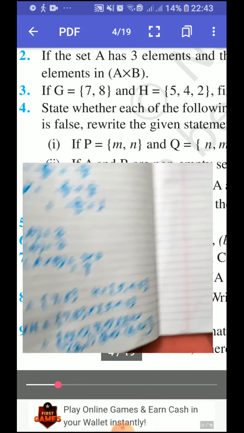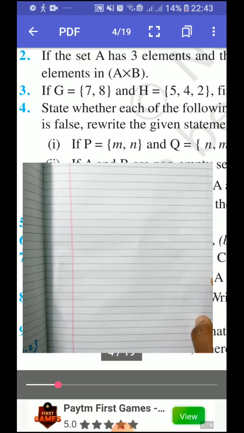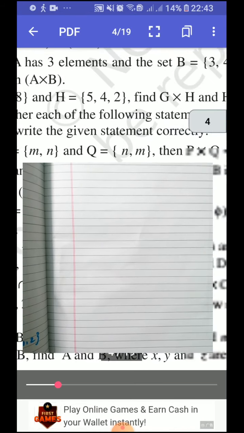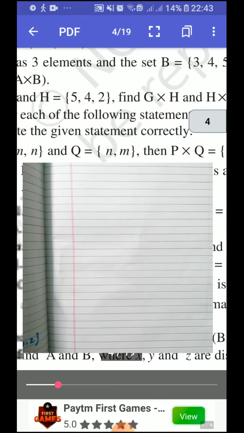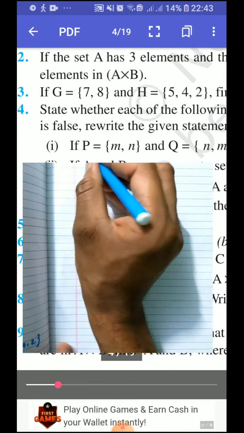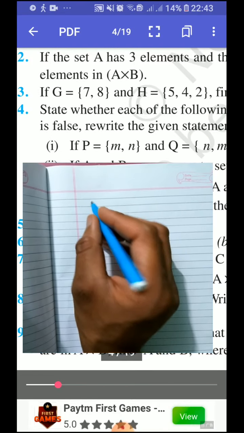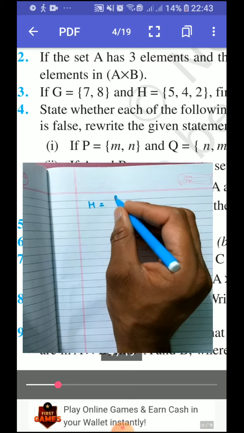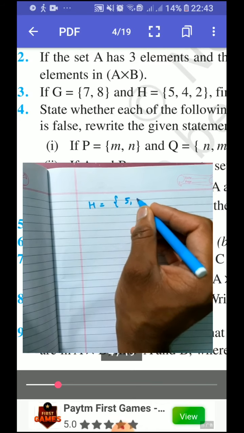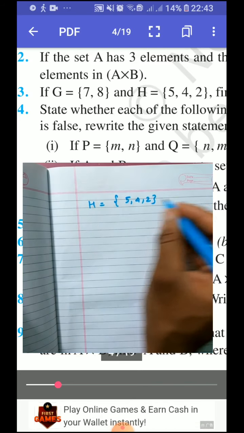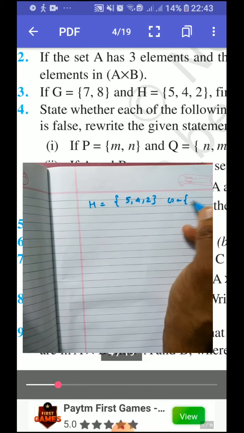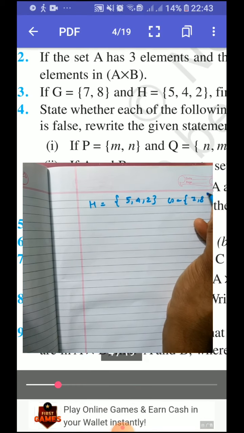Now let us see H Cartesian G. We have been given H as the set having elements 5, 4, 2 and G having elements 7, 8.